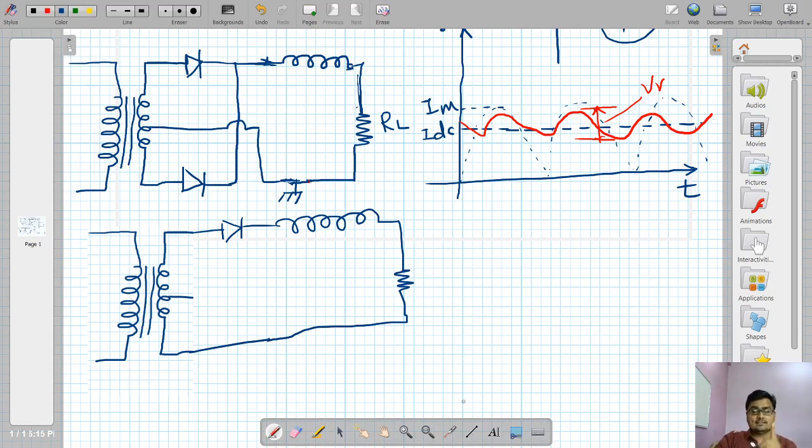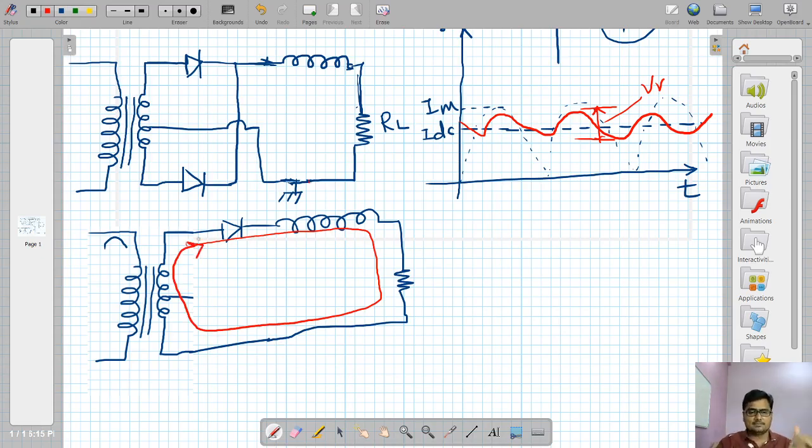Now why is this circuit not shown everywhere? Nobody shows you a half wave rectifier with inductor filter. I'll tell you the reason. When the positive half cycle of the input signal comes, the diode will get forward biased and current will start flowing through the diode, through the inductor, through the load resistor, and the current will complete its path. No problem at all.